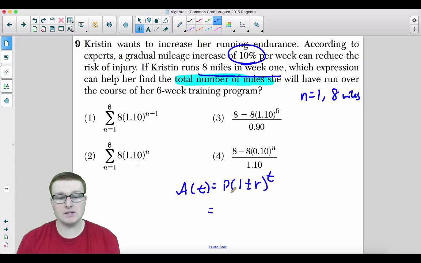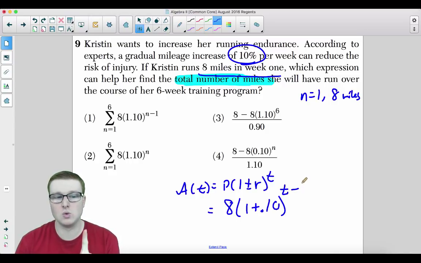So, the principal, which is this initial amount, she started off with 8 miles per week. She's increasing the amount. So, it's 1 plus the rate, which is 0.10 for 10%, raised to the t minus 1. Why is it minus 1? Because we already took into account the first week.